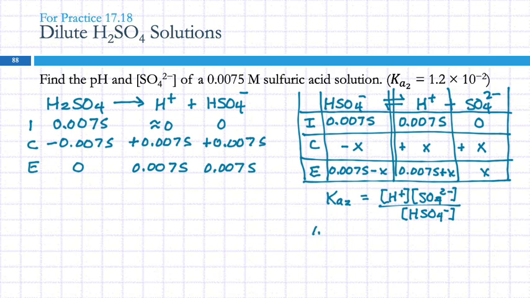So we've got 1.2 times 10 to the minus 2. That's going to be equal to 0.0075 plus x times x, divided by 0.0075 minus x.